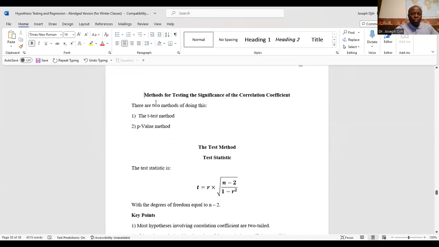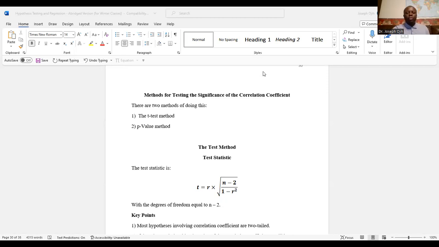So there are two methods we can use. The first method is to use the traditional method of the critical value. The second method, we'll be using the p-value.